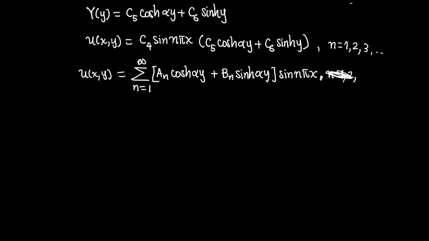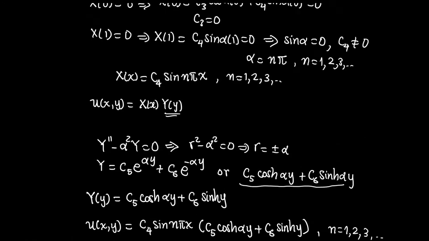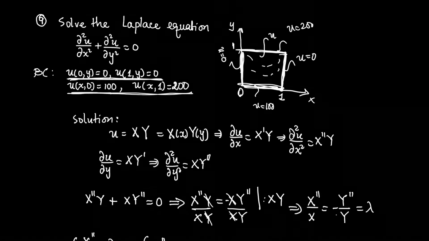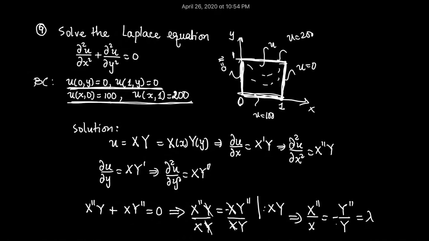Now you need to find these constants. How do you find them? You turn to the other boundary conditions. You're going to use them like initial conditions, but they're actually boundary conditions.